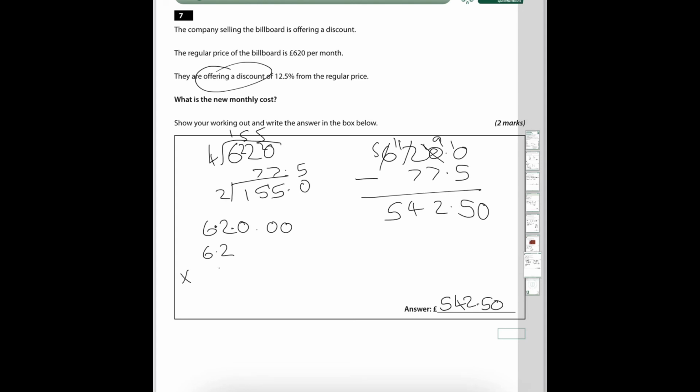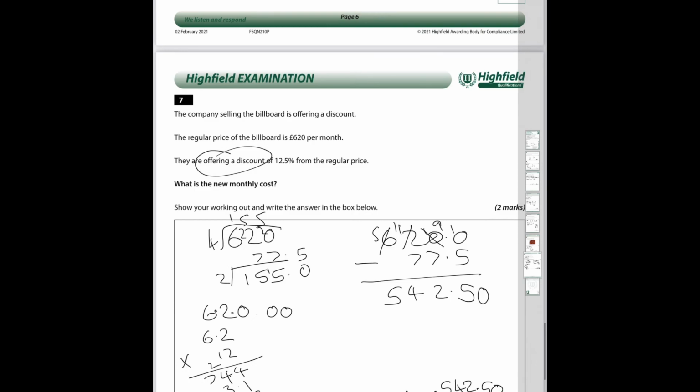Times that by, let's times it by 12 initially, is 74.4, and then we add another 3.1 onto that. Is 77.5. So there's two different ways of working out to get the 77.5. Then you just take that off because we know it's a discount off that original 620. And that's the end of the exam.